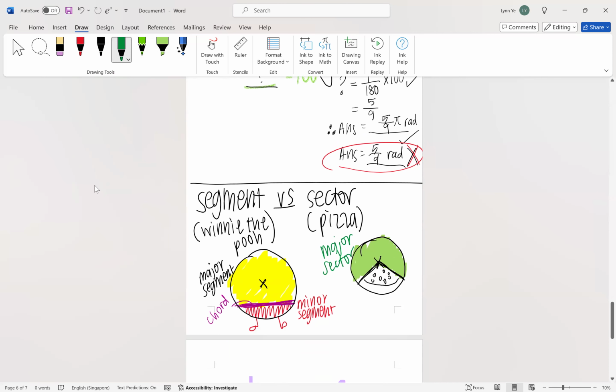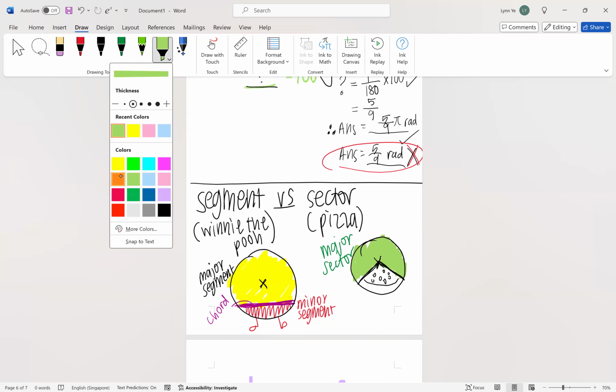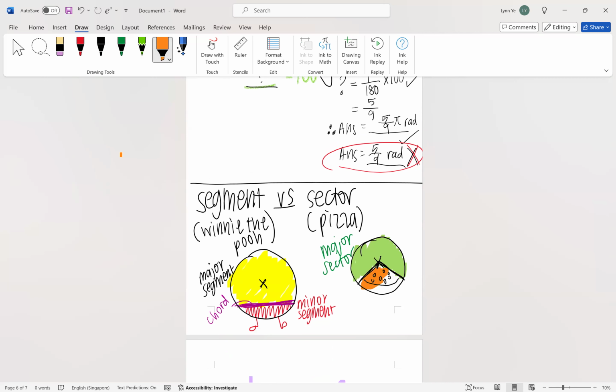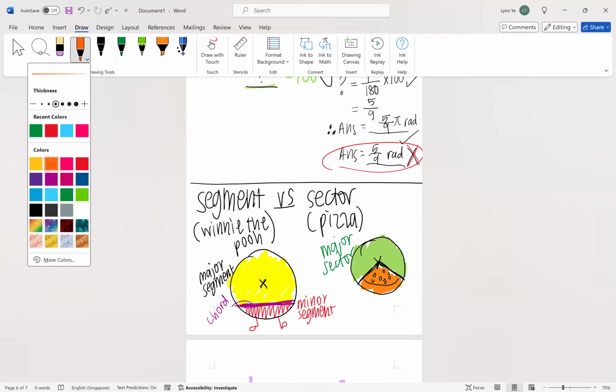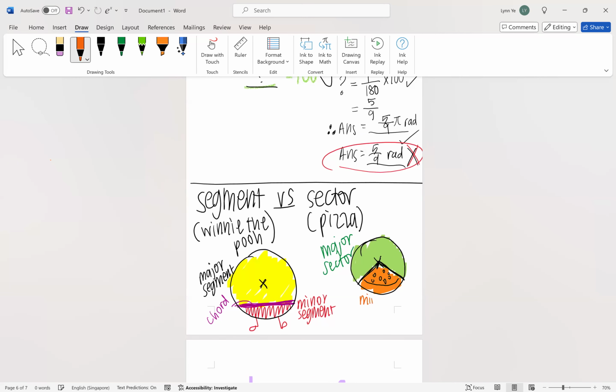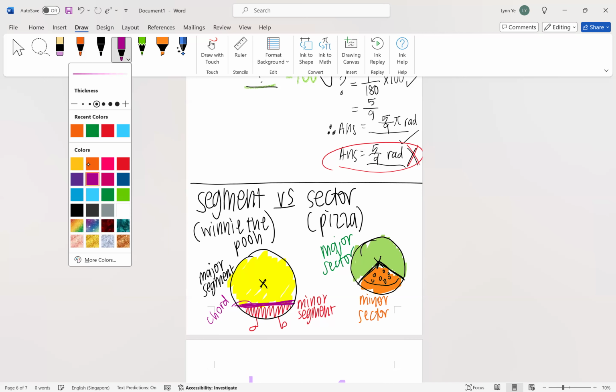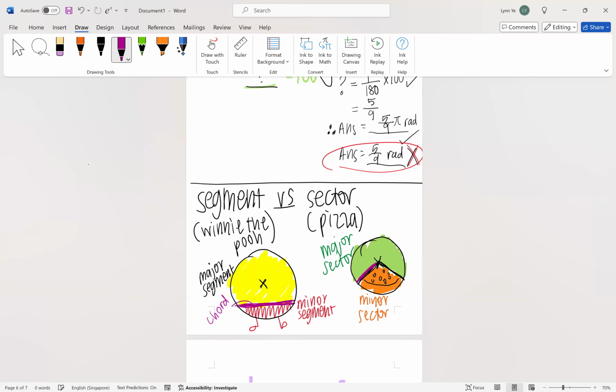And then we have orange. This orange part is called the minor sector. Then what about this purple line here? This purple line is called the what?